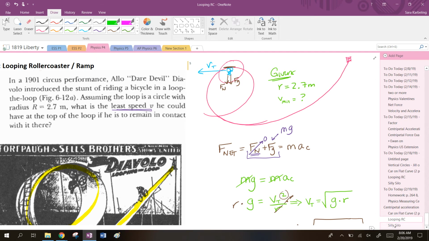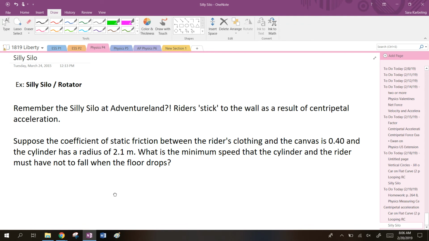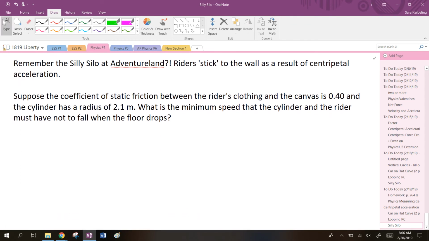All right, one more for you. Here it comes. This is the one that we were talking about yesterday. My fifth period class, we learned that Grace Crimmins is a silly silo aficionado and has been since she was 4 months old or something like that. Anyway, thinking about the silly silo, and remember we talked a couple days ago about how you stick to the wall.